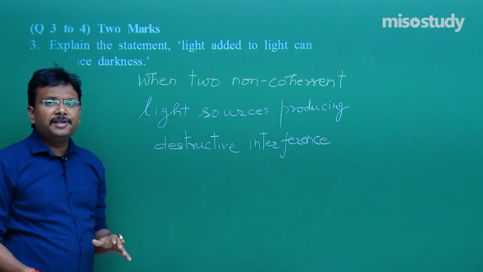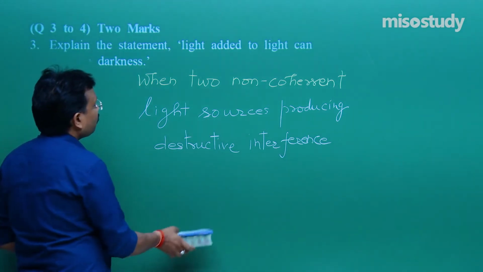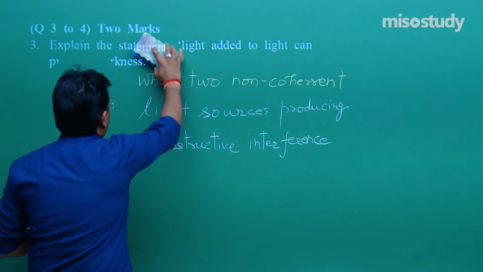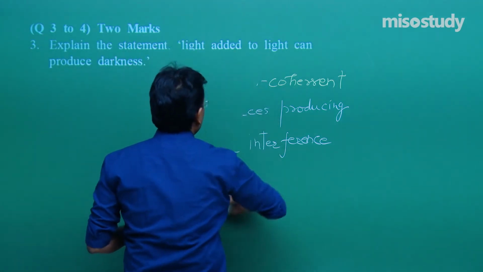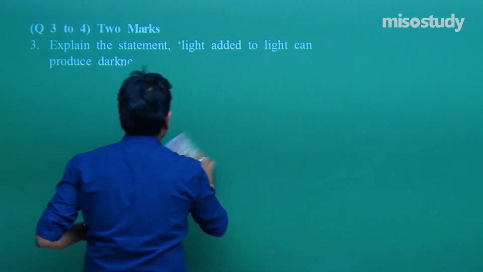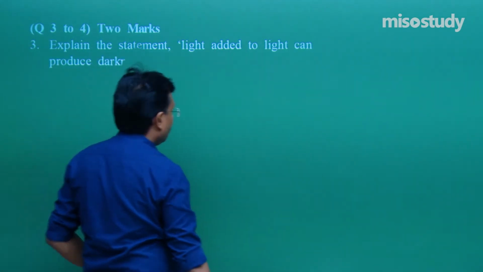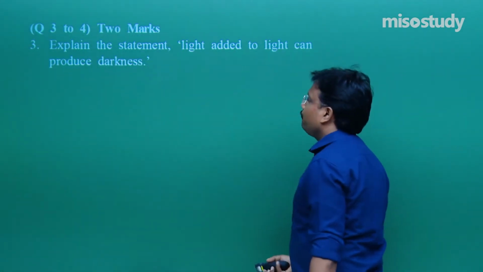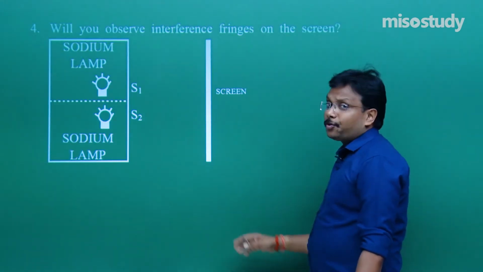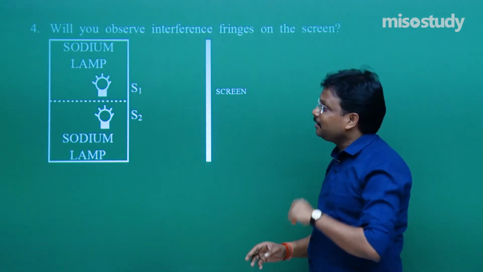Two non-coherent means take two different sources which are non-coherent. So, you will get this destructive interference. Then comes question number 4. This question is associated with question number 3.